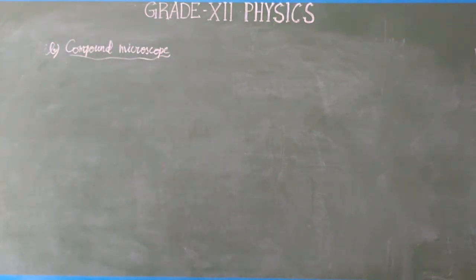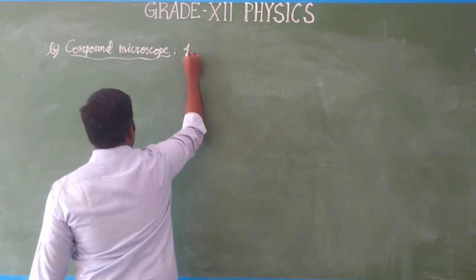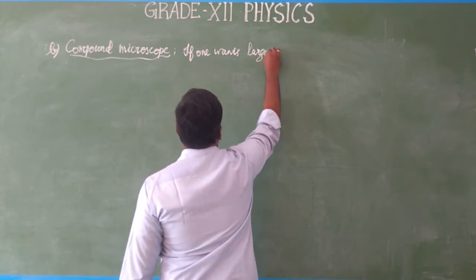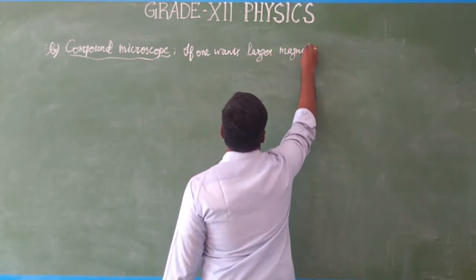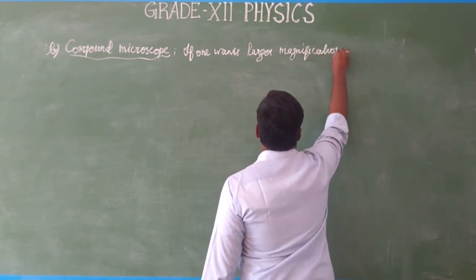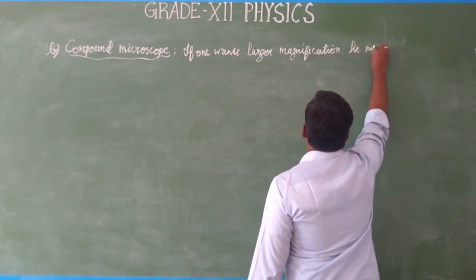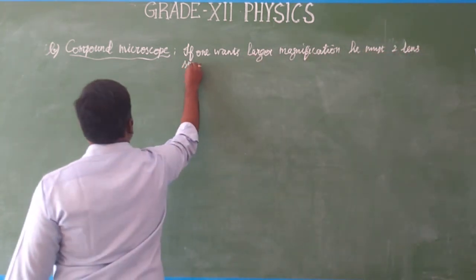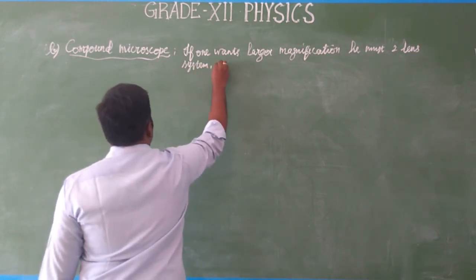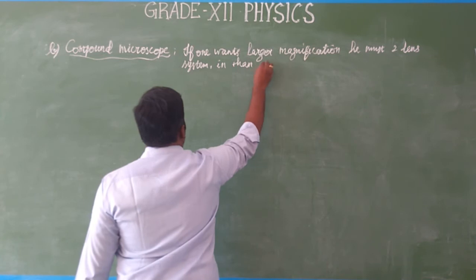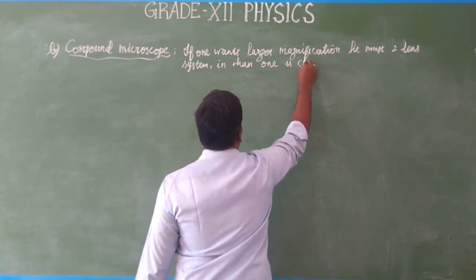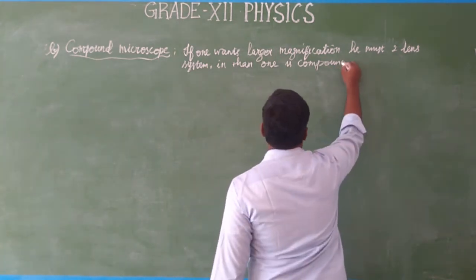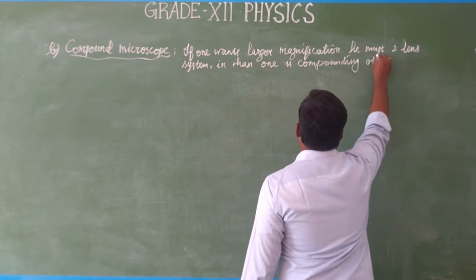According to the compound microscope, if one wants larger magnification, he must use a two lens system, in which one is compounding the other.